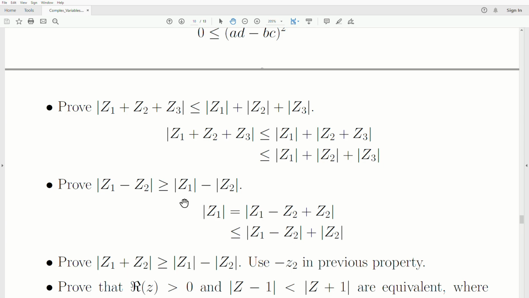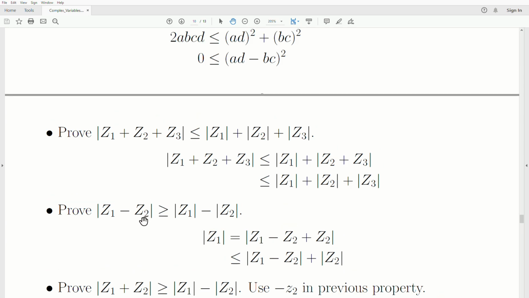Let's prove this inequality. Okay, so to prove it, we know the modulus of z1 is equal to this, right? We're adding and subtracting the same quantity, so it's adding a well-chosen 0. But then the previous property says that this complex number plus this is less than or equal to this quantity.